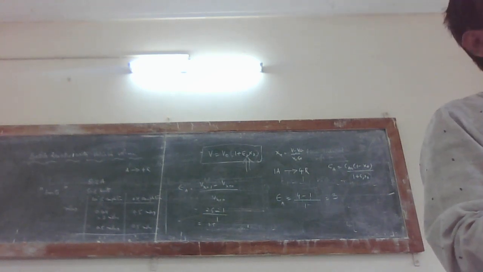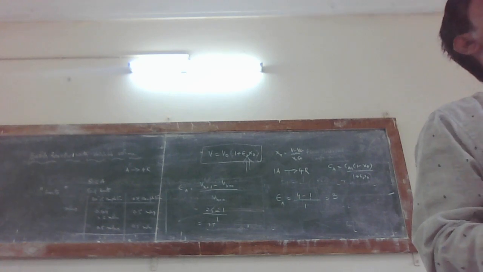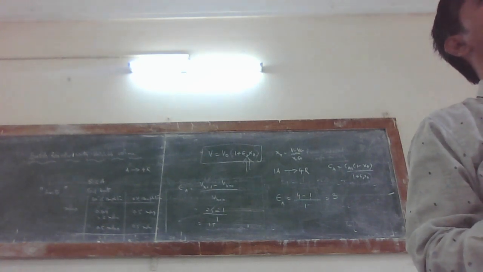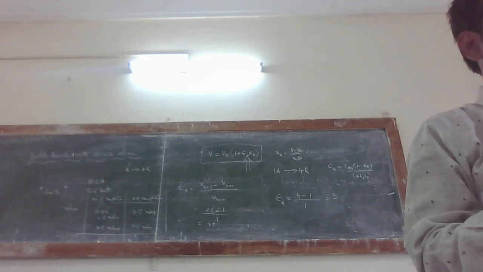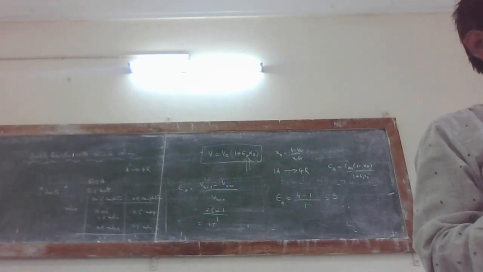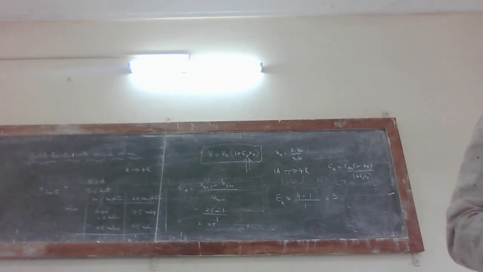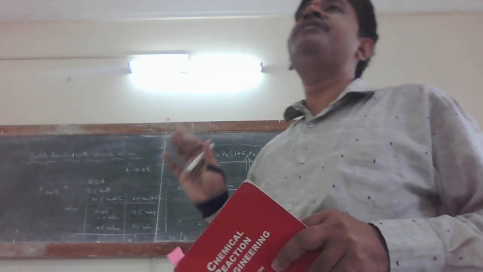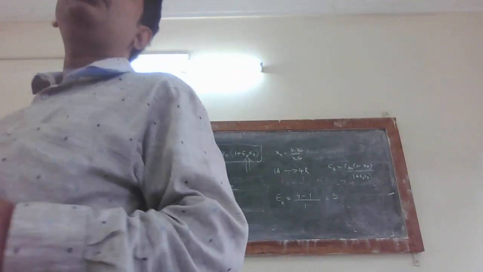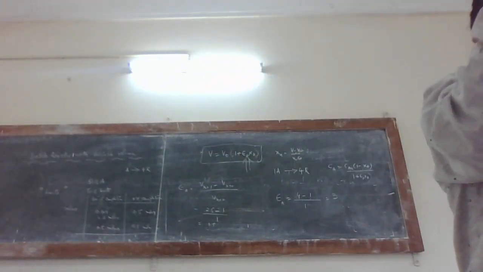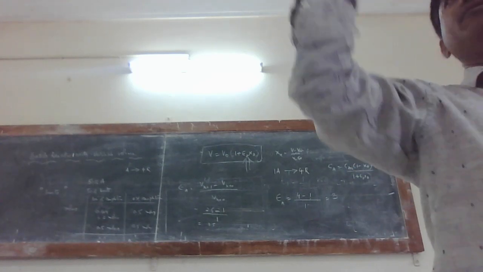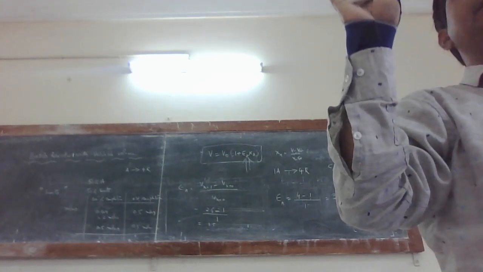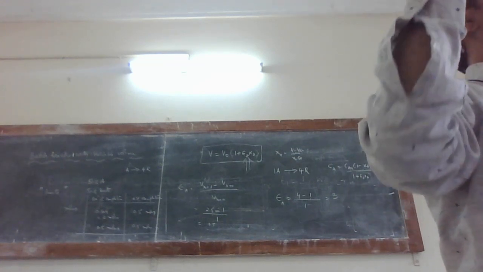Now just check page number 70, for zero order, first order, second order. Just remember for the constant volume case how we derived, for zero order, minus Ra is equal to minus dC by dt is equal to K into Ca power 0. We started like that.